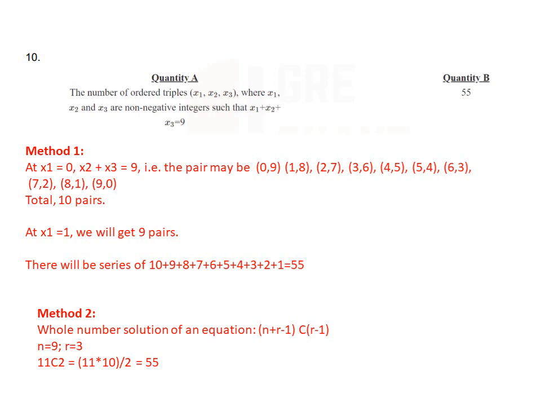So n plus r, that is 9 plus 3 equals 12, minus 1 is 11, and r minus 1 equals 2. So 11 choose 2 equals 11 times 10 divided by 2. After dividing 10 by 2, you get 5. So 11 multiplied by 5 equals 55. So you get answer C in this way as well.